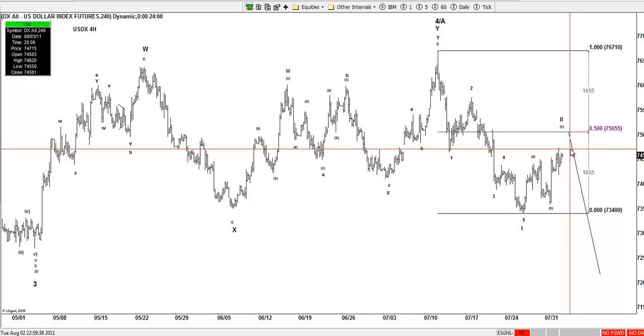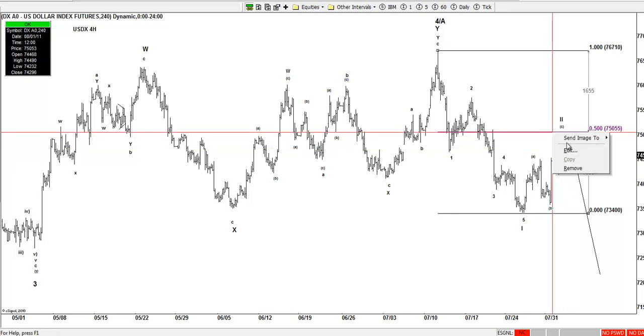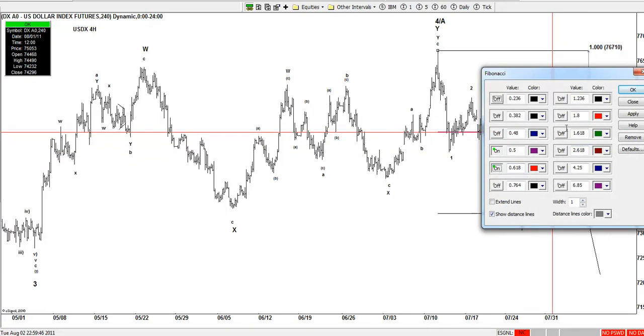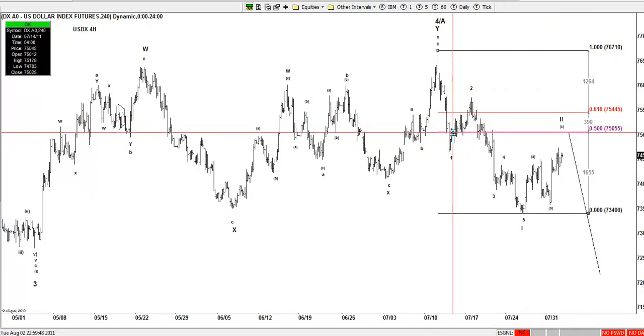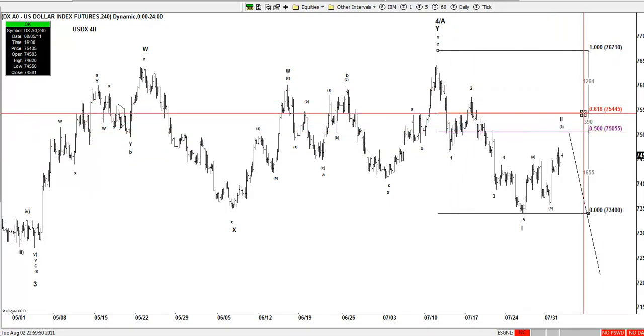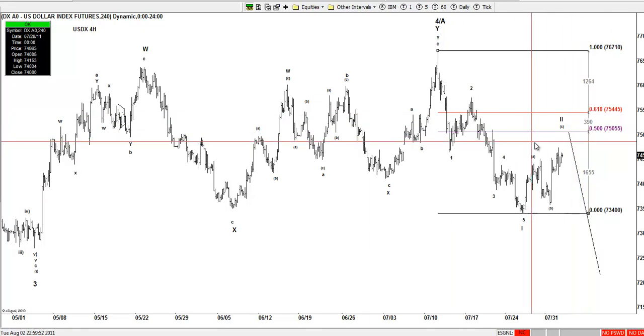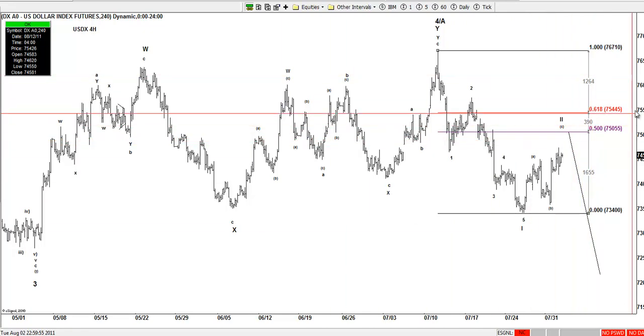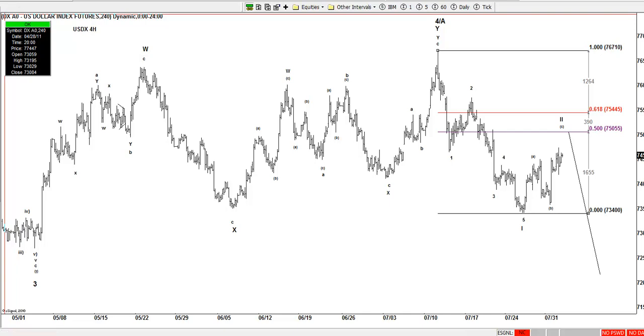I believe sellers are going to be around that area, and in extension, which is the 1.40 in the euro dollar, is the 75.41 area. So in general, we don't see any change at all right here.